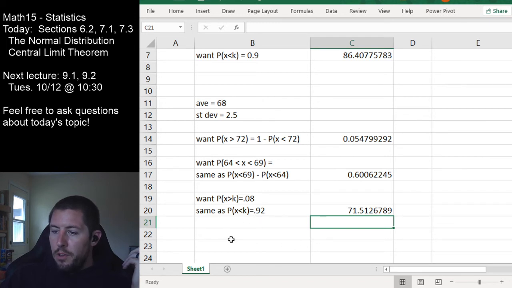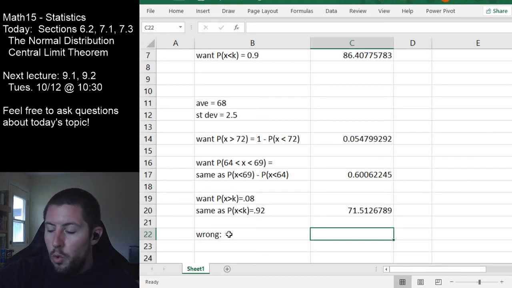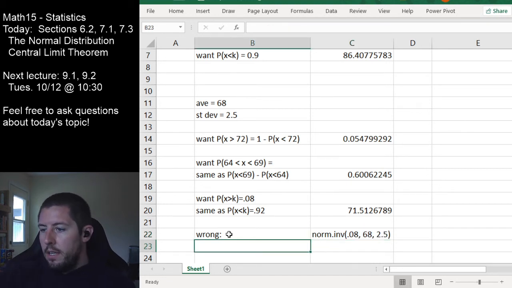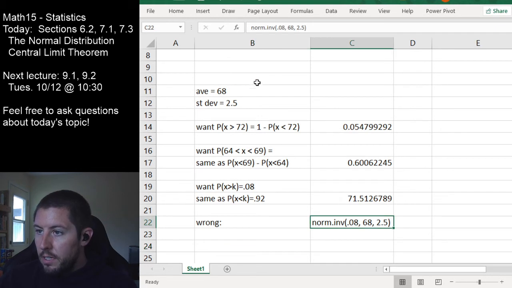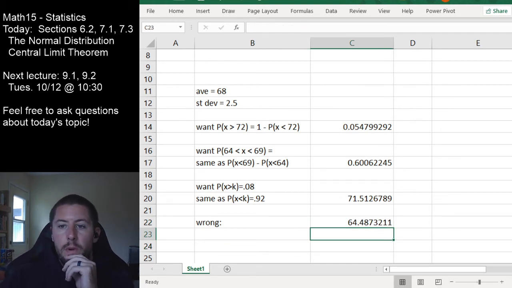Notice, by the way, if you do this the wrong way, then you would have done norm.inv 0.08, 68, 2.5. Oh, I didn't press equals in front of it, so it just didn't do anything. Equals norm.inv. When we do this, we're getting 64 inches. And so, again, here you should stop and say to yourself, if I'm 64 inches tall, if I'm 5'4", does that mean that only 8% of people are taller than me?